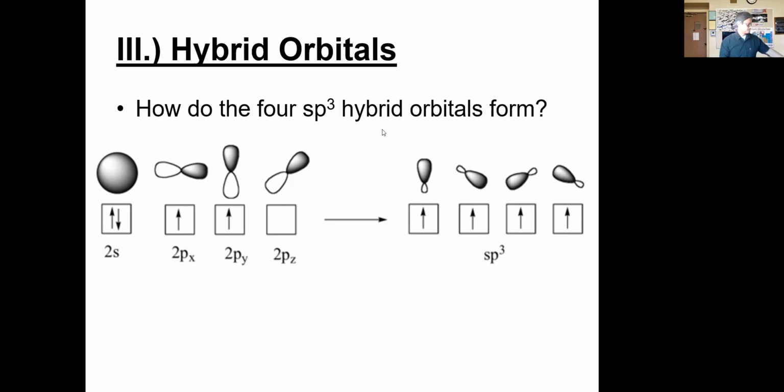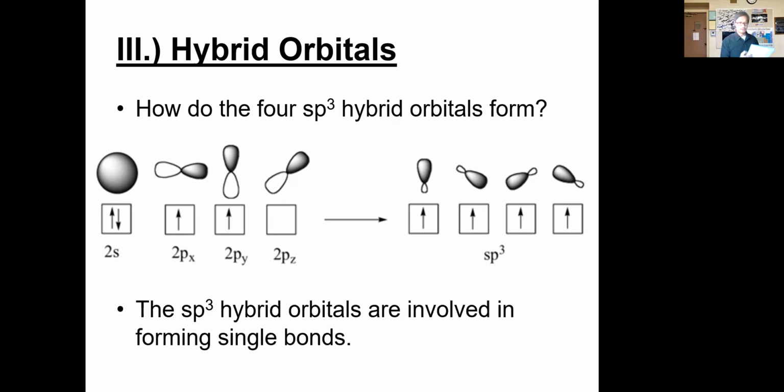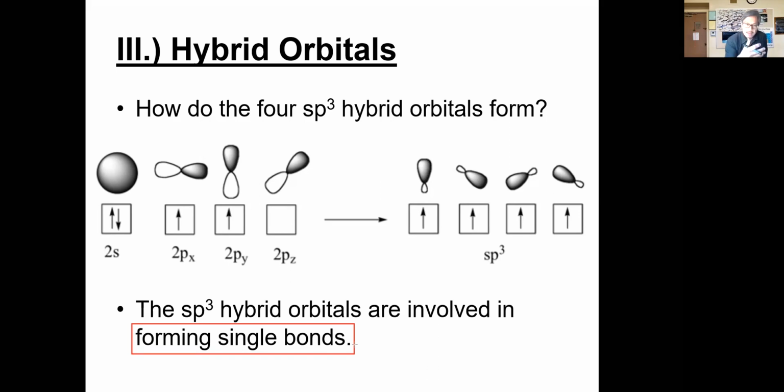What we typically will see, as I pointed out, is that when these sp3 hybrid orbitals form, they will be involved in forming single bonds. Keep that in mind, because that will help you understand this. So sp3, whenever you have that, you're going to form 4 single bonds, and they will always be involved in compounds that only have single bonds.